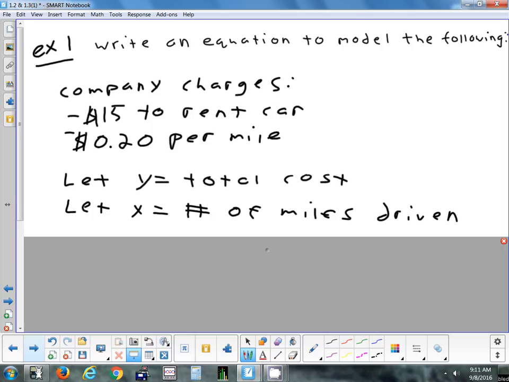Does the number of miles I drive depend on the cost? Or does the cost depend on how many miles I drive? It's the second way. The cost is dependent on something, in this case, the miles you drive. So cost is dependent, miles is independent. You drive however many miles you want, and then they'll give you the cost.